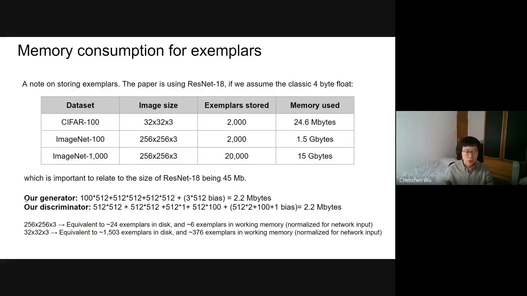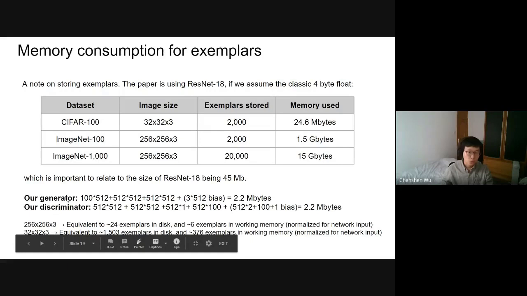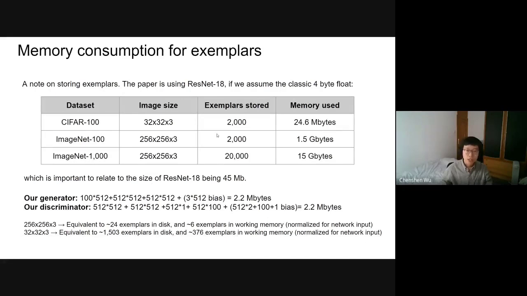And our generator and discriminator are very small because we are using a very simple model with only one hidden layer, and it takes less than 5 megabytes. If you use exemplars for CIFAR, the memory usage is relatively small, comparable to the network. But when you move to ImageNet, especially the full version of ImageNet, the memory usage is much higher than the network.